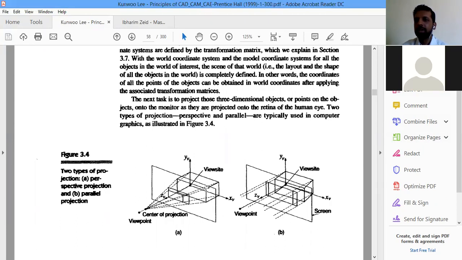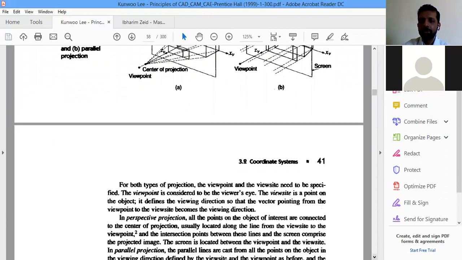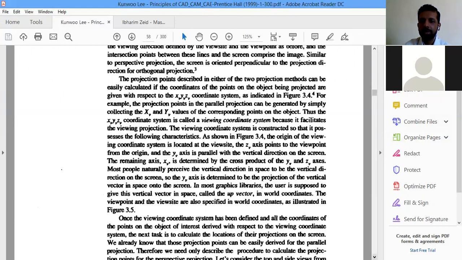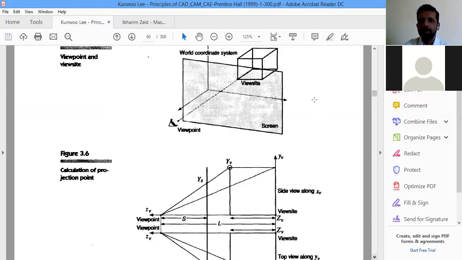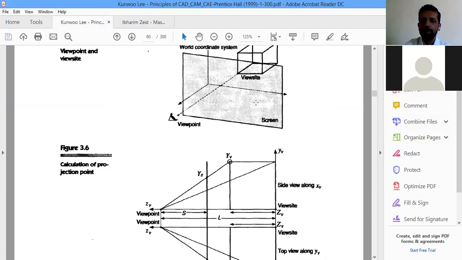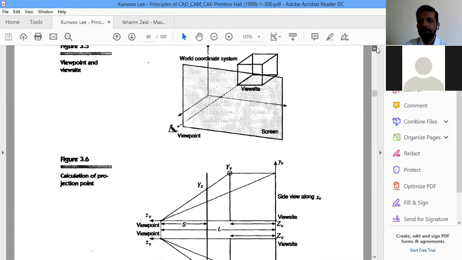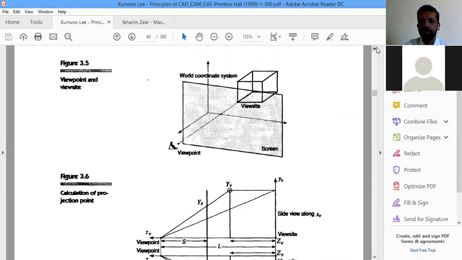For this, the calculation has to be done in the background by the system. How it actually calculates is what has been represented over here. If we take this model, what they have taken in this case is one side view and one top view, that is the top portion of this rectangle and the side portion of this rectangle, not the front view.